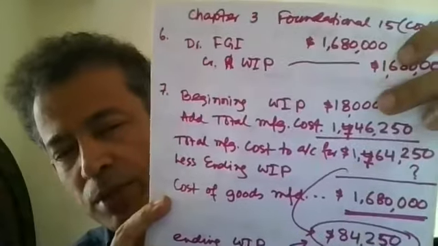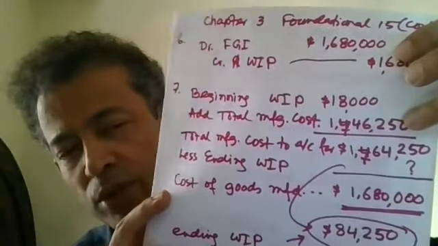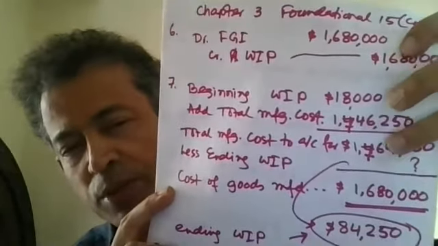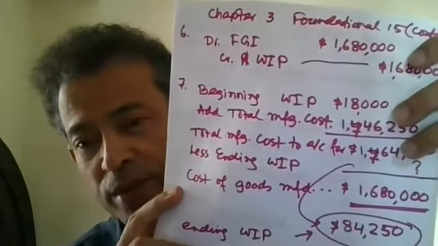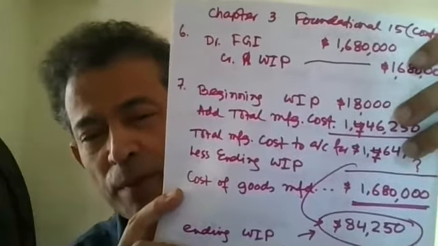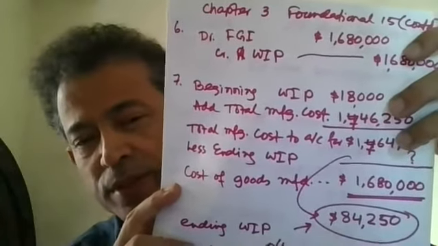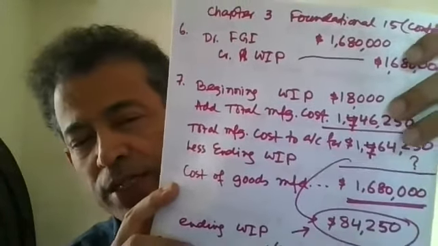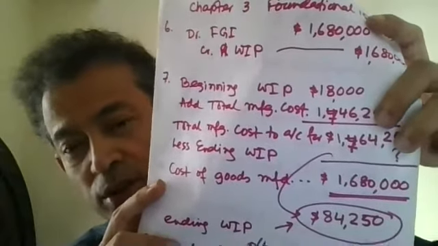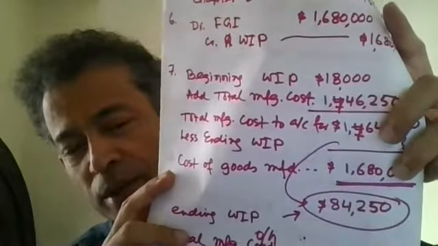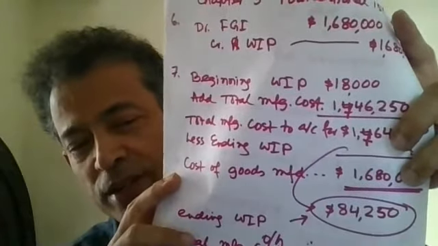Beginning work in process of 18 plus total manufacturing cost of 1.746 gives you total manufacturing cost to account for. This is more like what's available to transfer to finished goods. So that's the total cost to account for minus ending work in process, not given, but the final number is given. Cost of goods manufactured is 1.68.